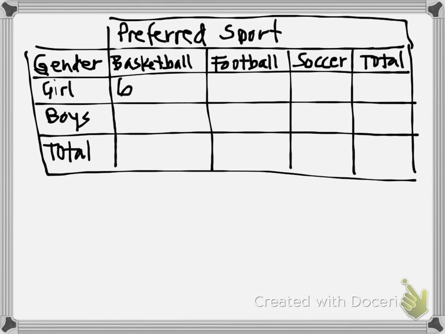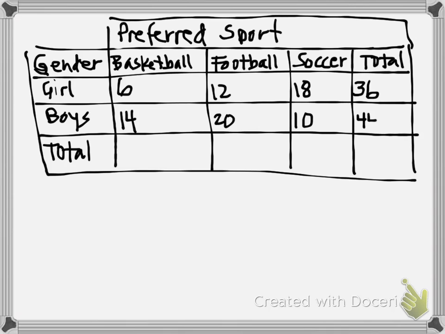So 6 girls liked basketball. There were 12 that liked football. Interesting, 18 of them liked soccer. And there were a total of 36 girls that she had actually surveyed. And then there were 14 boys that liked basketball, 20 that liked football, 10 that liked soccer, for a grand total of 44.